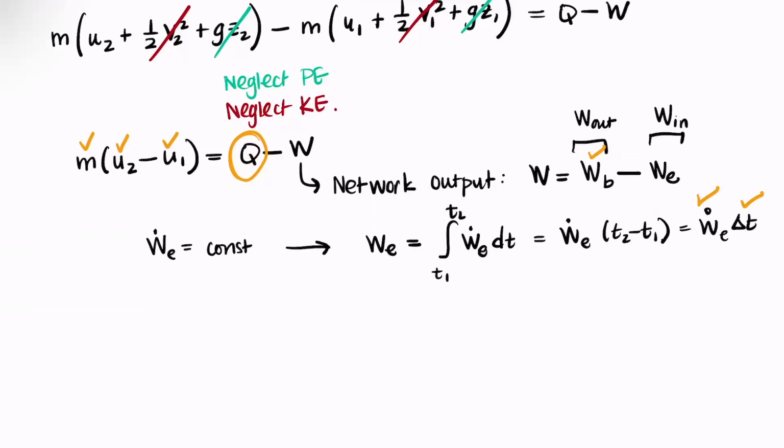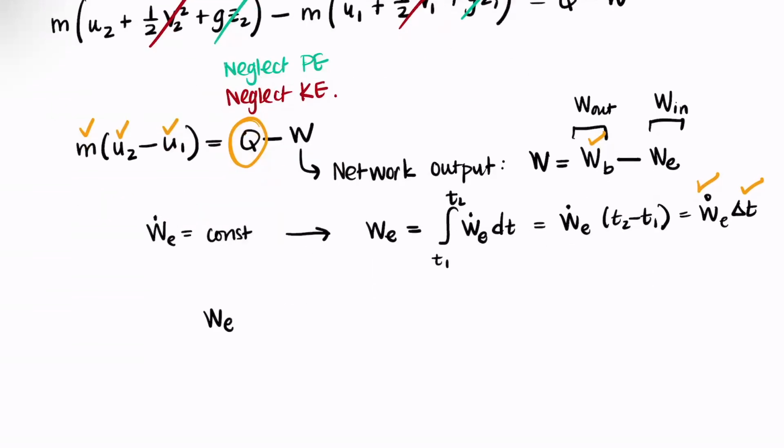So plugging in what we were given, WE is 40 BTU per hour times our delta T, which was 30 minutes, or half an hour. So we have 20 BTUs, right?